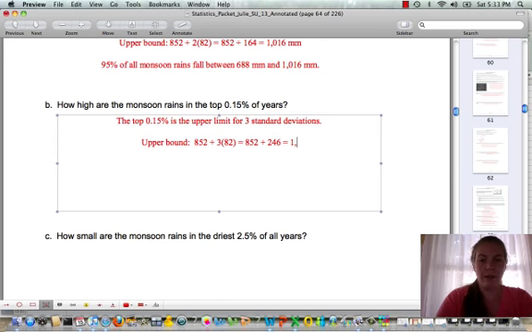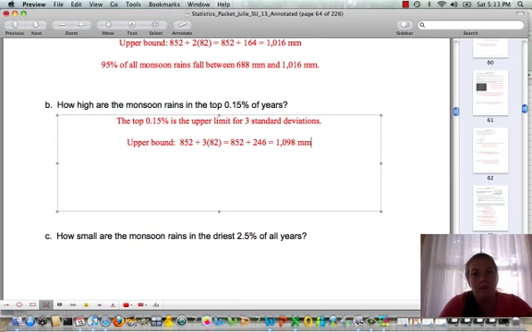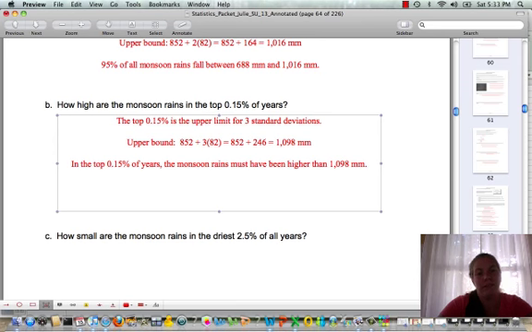And my total came to 1,098 millimeters. So we can say in the top 0.15% of years, the monsoon rains must have been higher than 1,098 millimeters.